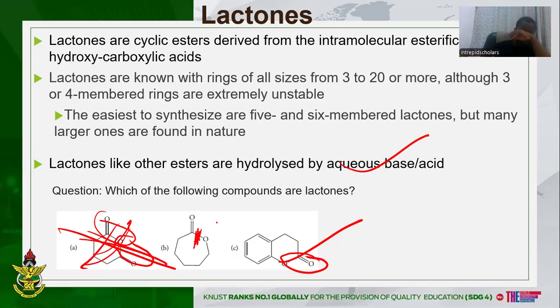So there are compounds in which, when you look at the structure, you might not see a hydroxyl group or a carboxyl group there, but they are still called acids because when they open up in solution, they expose a carboxyl group. I'll explain further when I go on, but just take note of this statement for me.